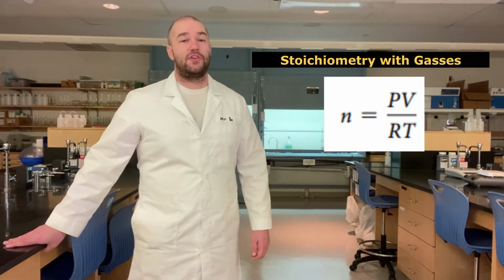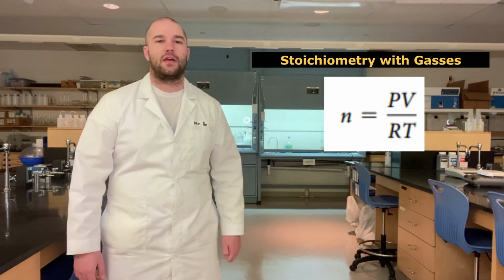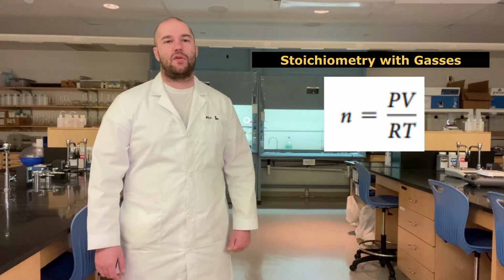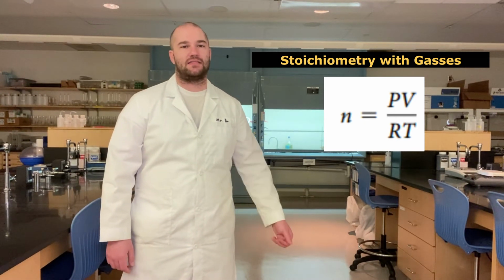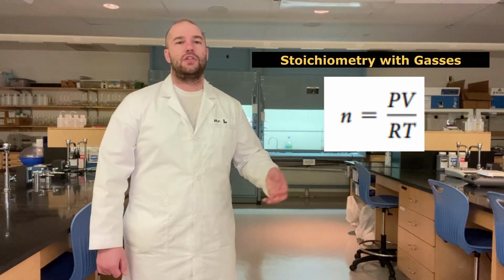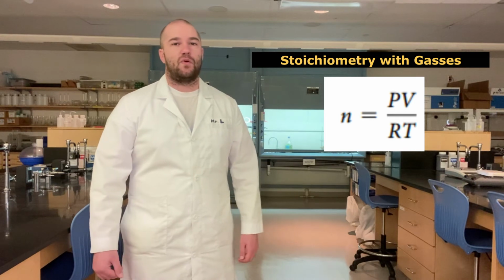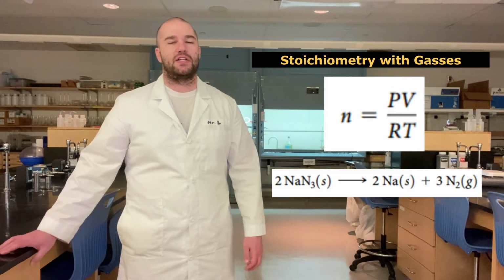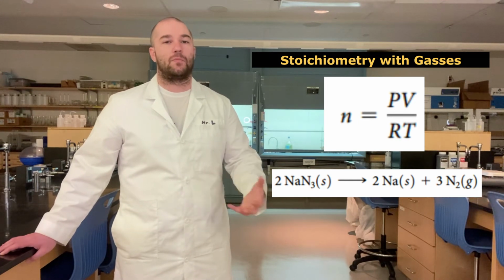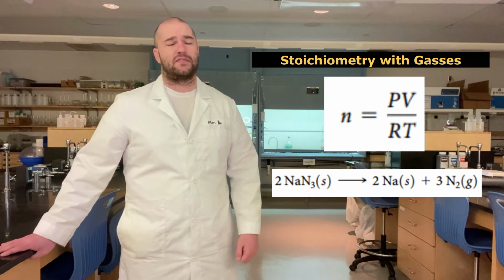The next thing we can do with the ideal gas equation is some stoichiometry like we did in a previous video. If we isolate the number of moles, n is equal to the pressure times the volume divided by gas constant times temperature. So if you know the moles of a gas, you can use a mole ratio to figure out the moles of another substance. Take the case of sodium azide, which is in the steering wheel compartment of most vehicles, and that's what's going to decompose to form nitrogen gas and fill up your airbag in the case of an accident.